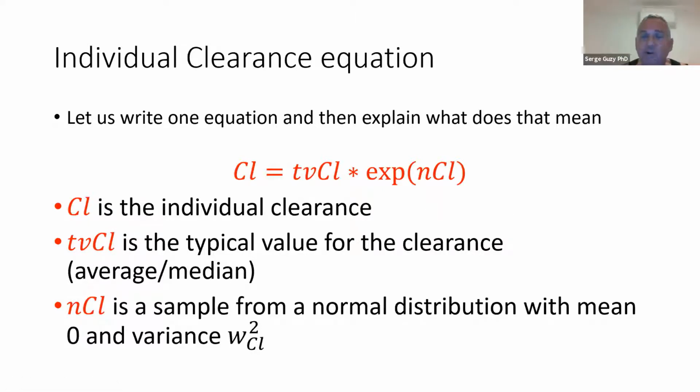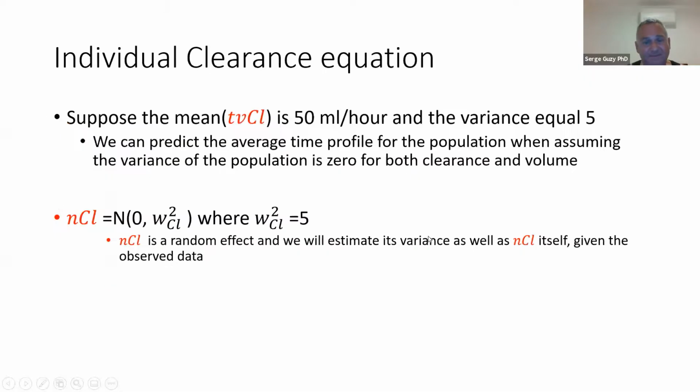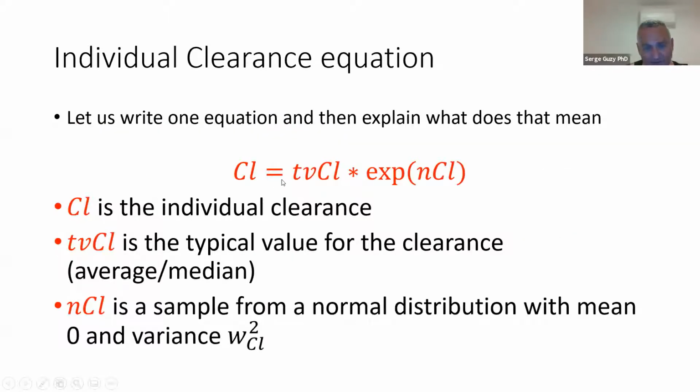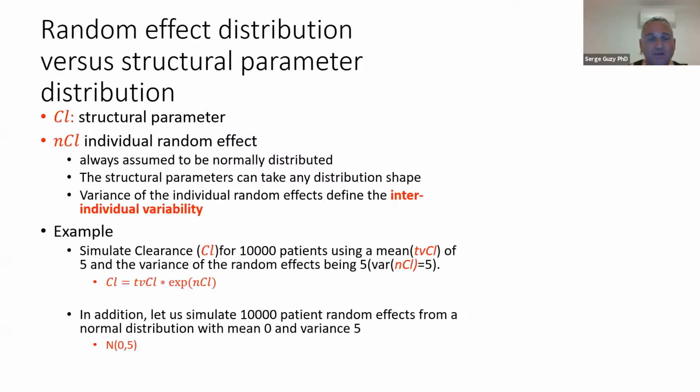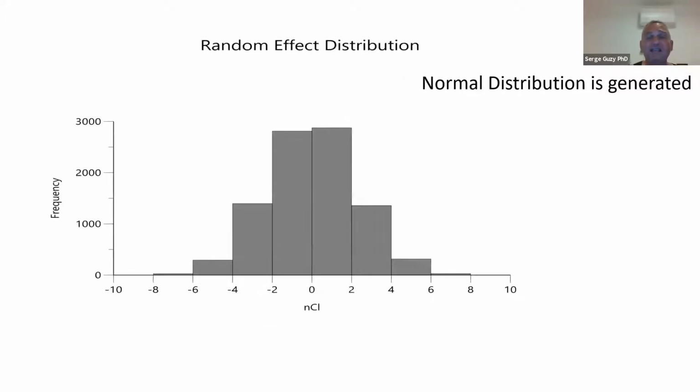Because we know that most of the PK parameters, if not all, must be positive, we always make the assumption that if the random effect is normally distributed, the fact that we use the exponent here makes the structural parameter clearance log normally distributed, and that's why you get this picture. And that basically explains both the fixed effect and the random effect.